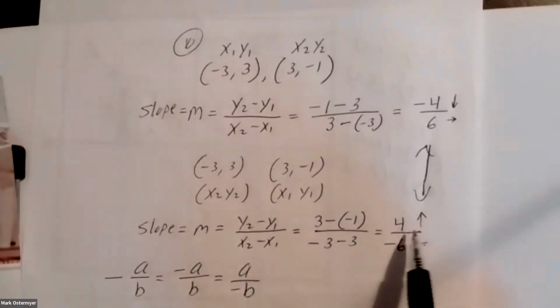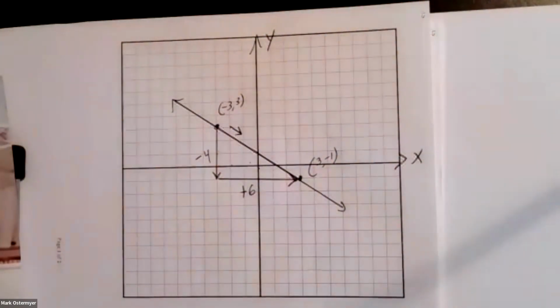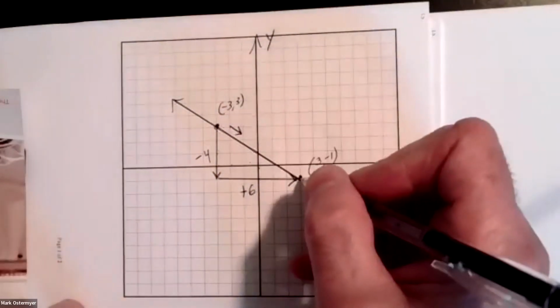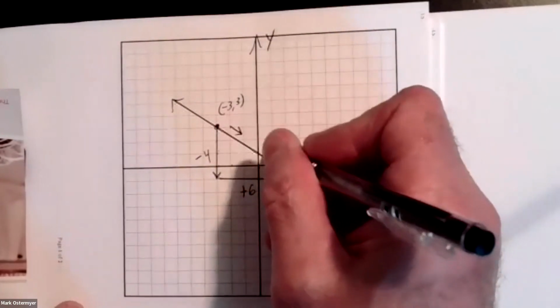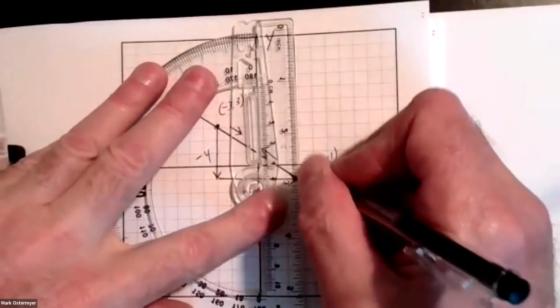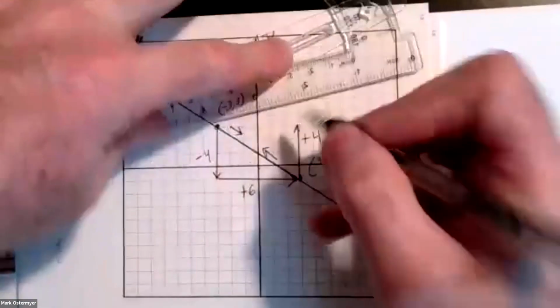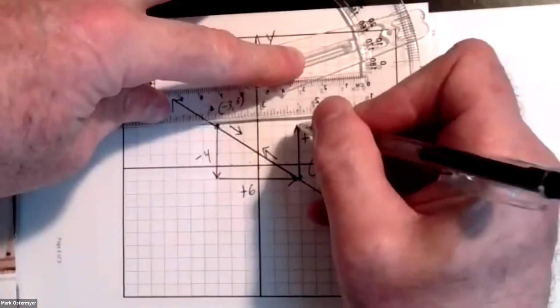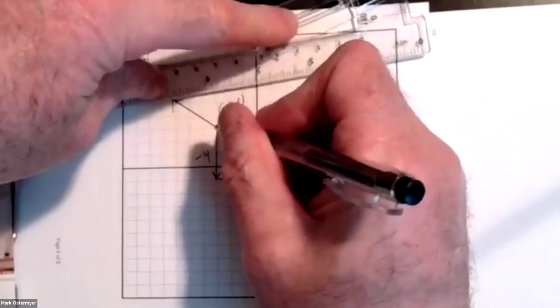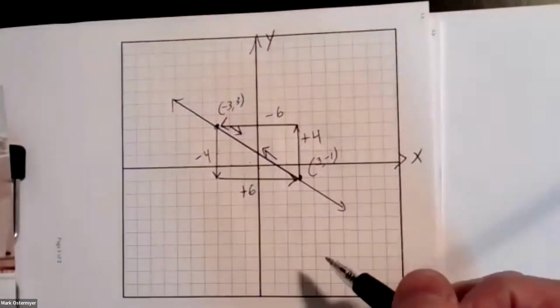You're talking about the same slope, the same line. So in other words, had I used the slope of being +4 over -6, then that would basically have me walking from this point up to this point on the line, in which case my rise now would be +4. And my run would be -6. +4 over -6.